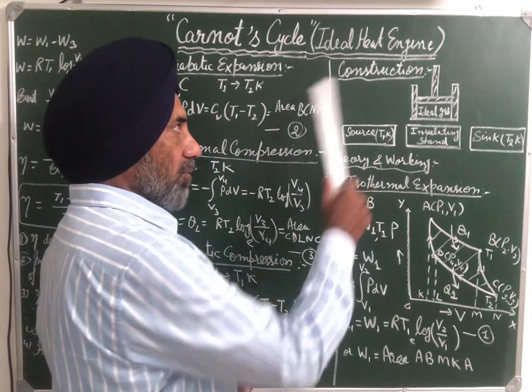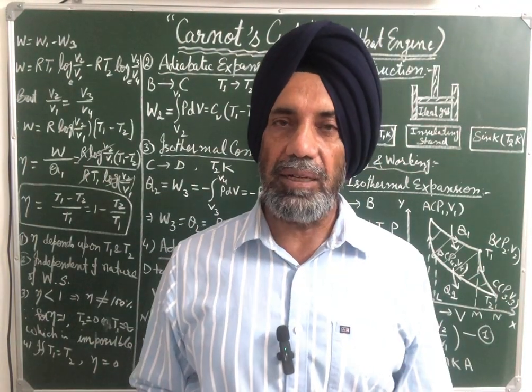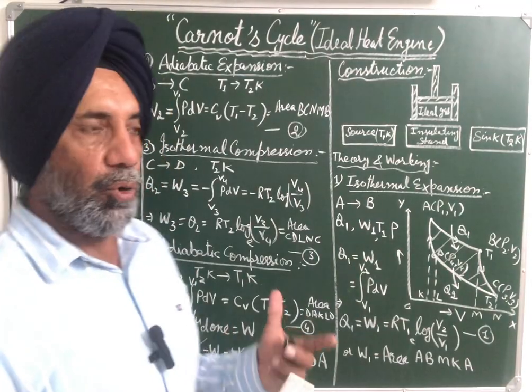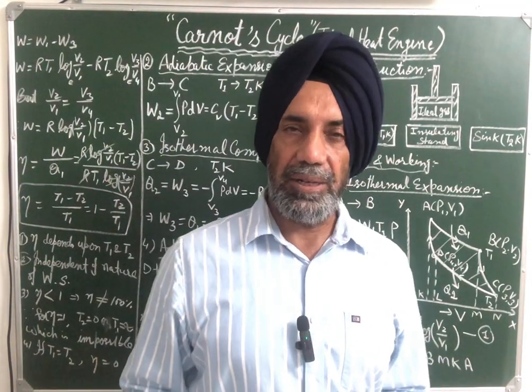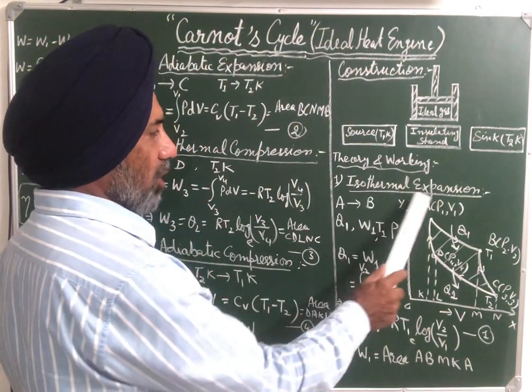Now, the working of this Carnot cycle or ideal reversible heat engine depends upon 4 processes. So, first process is known as isothermal expansion.